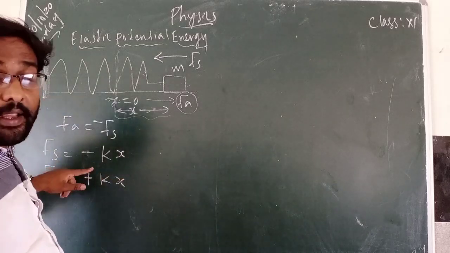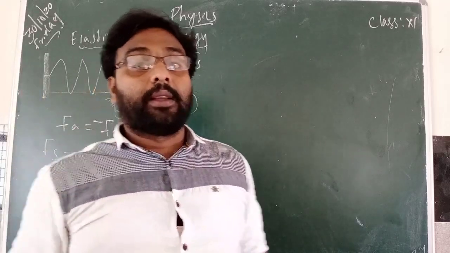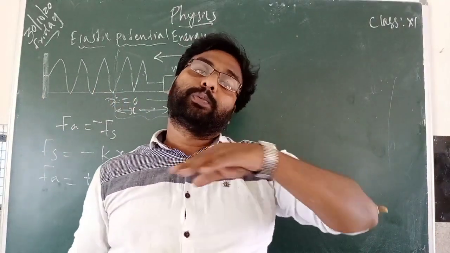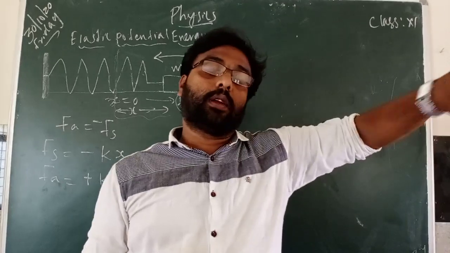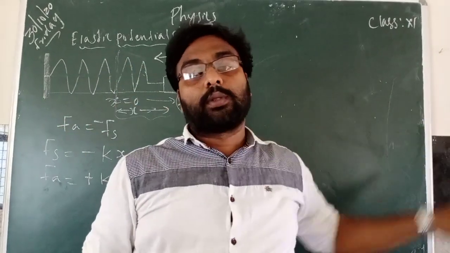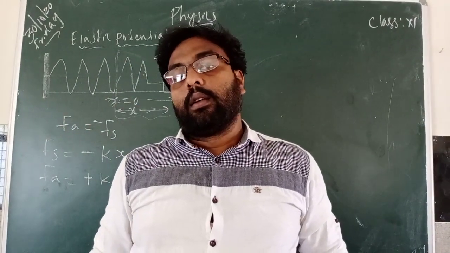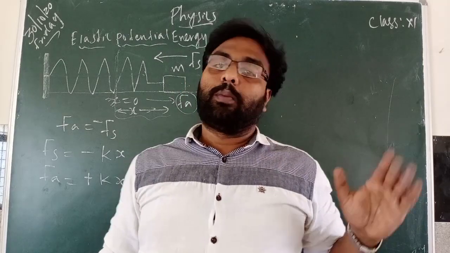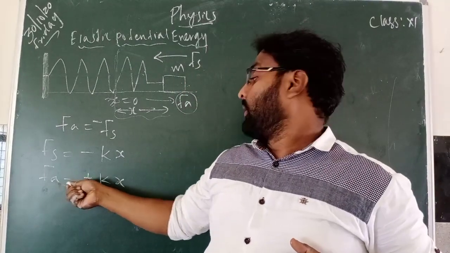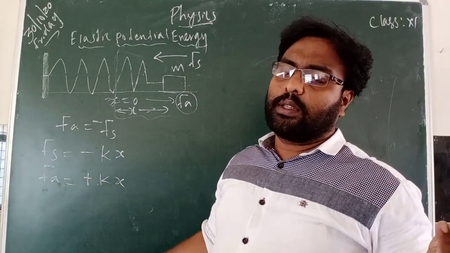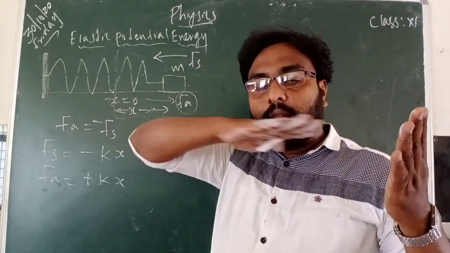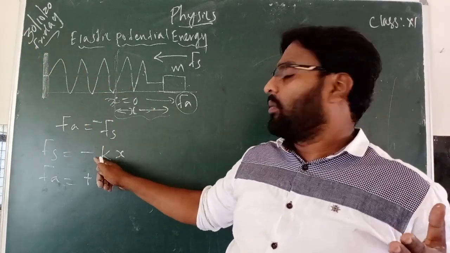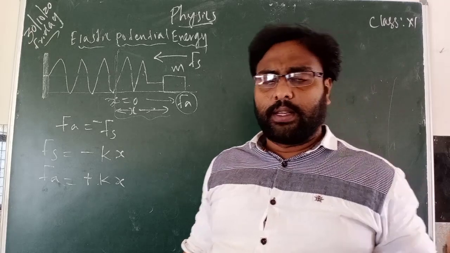Here the negative sign indicates that the restoring force is in the opposite direction to the applied force. Applied force means Fa. So the positive sign means the x direction, and this is the minus x direction, in vector notation.